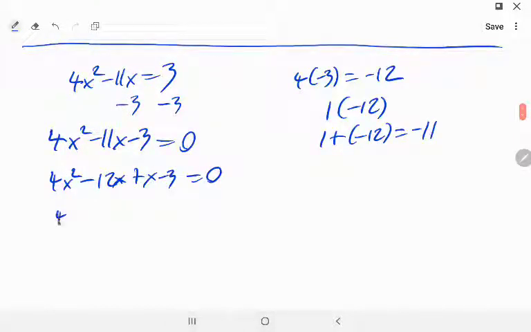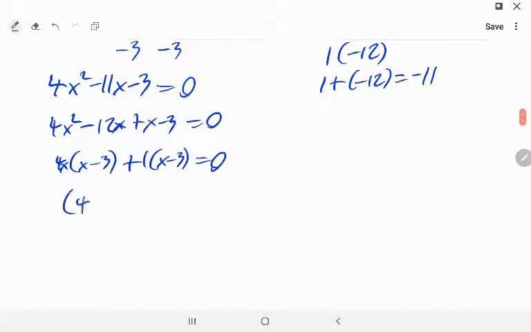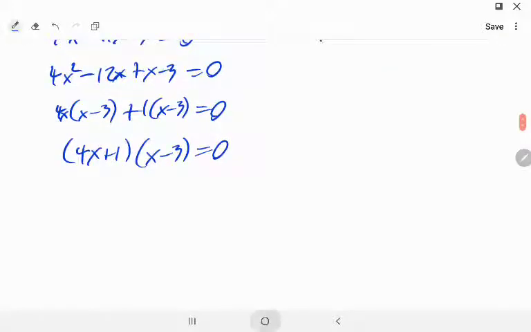Then we pull out a factor of 4x times the quantity x minus 3 plus 1 times the quantity x minus 3. Remember, we can always pull a 1 out. So we have the quantity 4x plus 1 times the quantity x minus 3 equals 0. So 4x plus 1 equals 0 or x minus 3 equals 0.